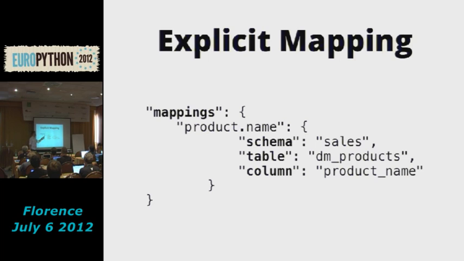So this is the logical reference which you are using in your report, and then you say product name is stored in a table DM products, so dimension table for products, in a schema sales, and the column, well, product name. So this is the most explicit way to say where the attribute is being stored in your data.